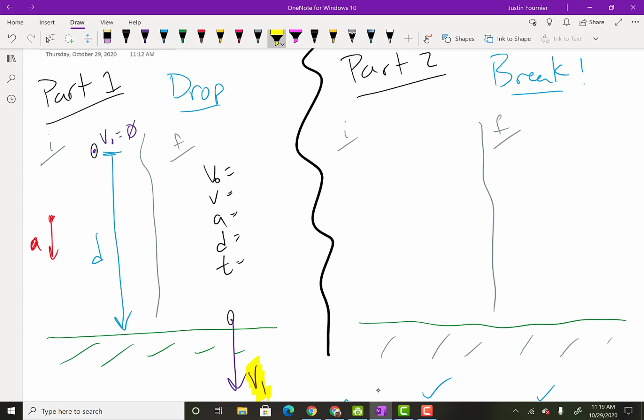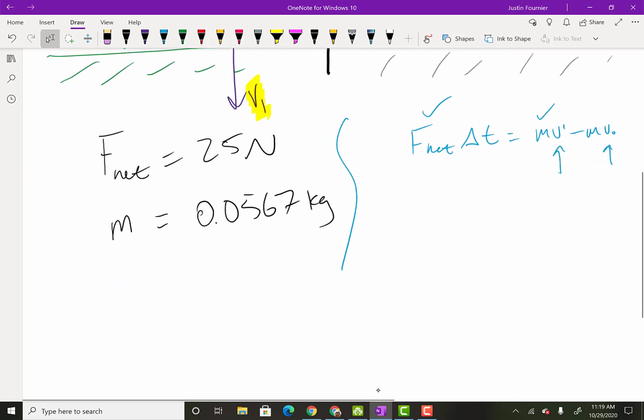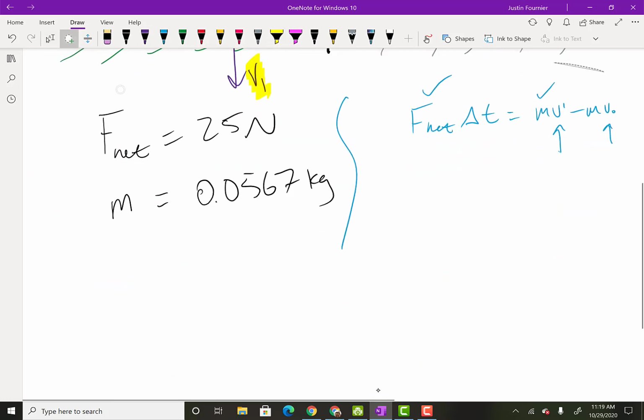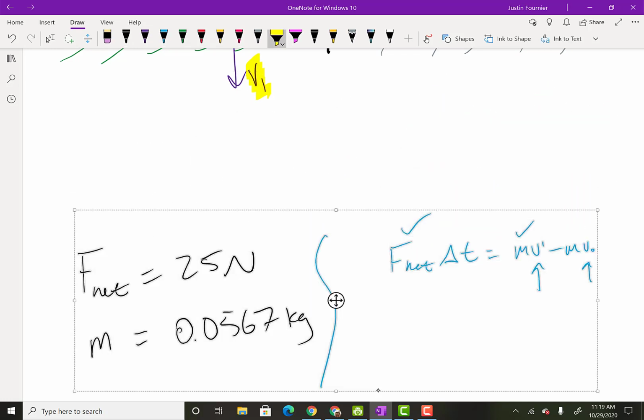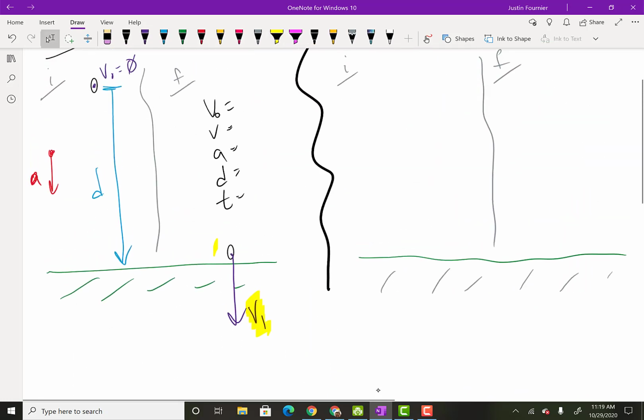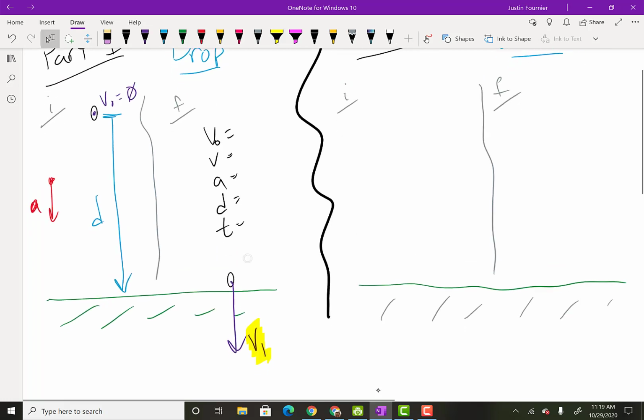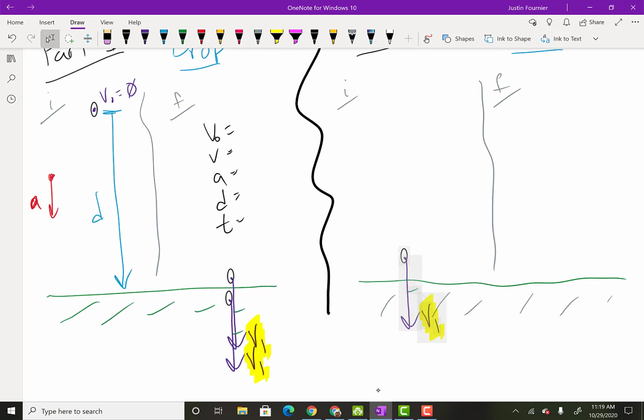So in other words, my final moment for part 1 is going to be the same moment as my initial moment for part 2. So this is now my initial moment for part 2. So that's V1 right there.